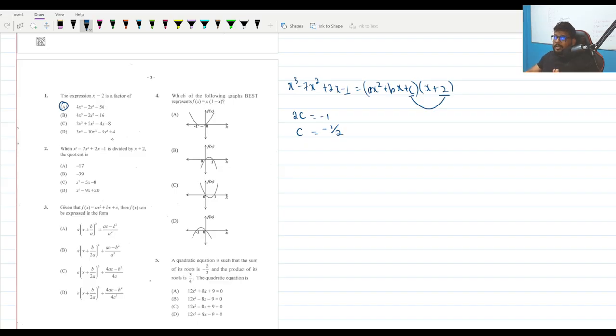Now this is the remainder I'm calculating here, guys. F of minus 2: minus 2 cubed minus 7 into minus 2 squared plus 2 into minus 2 minus 1.